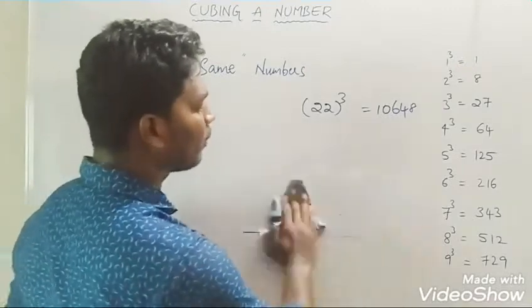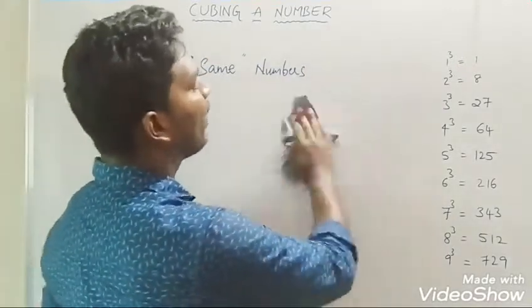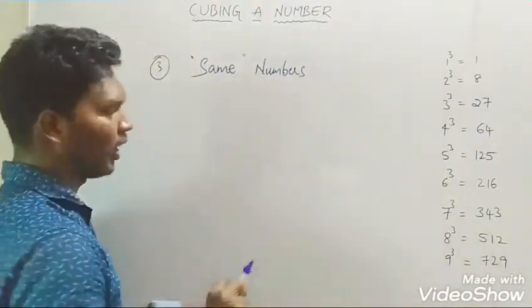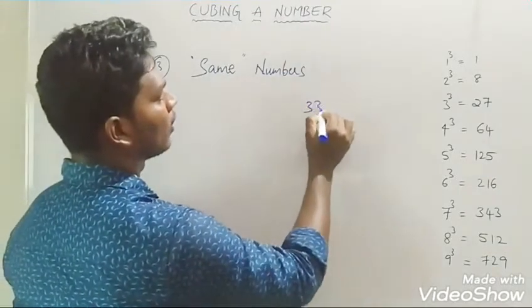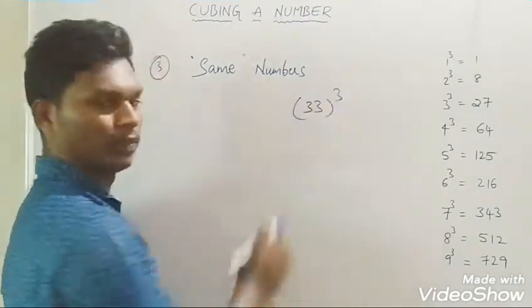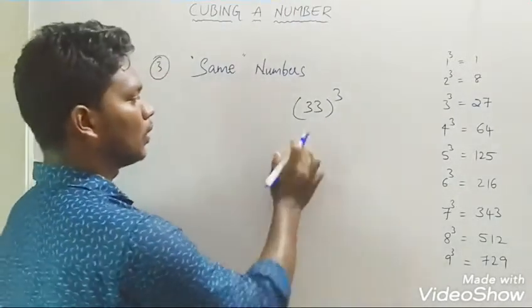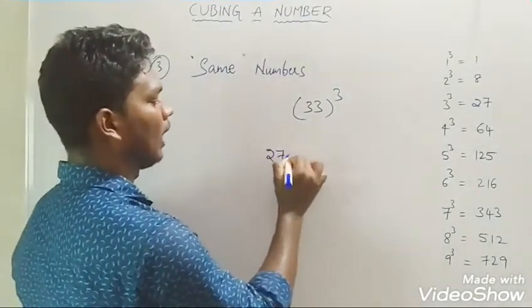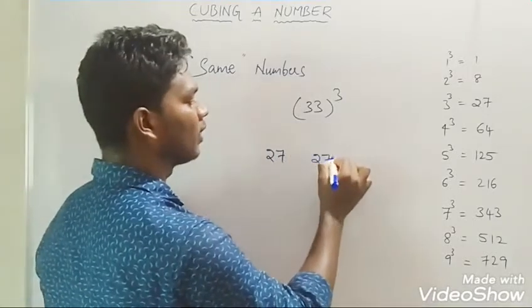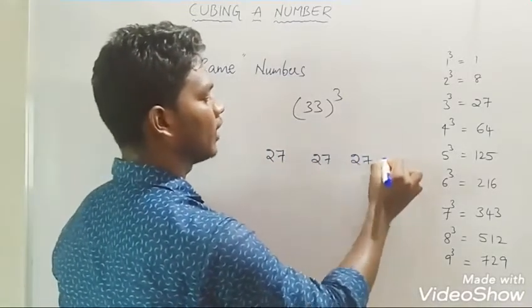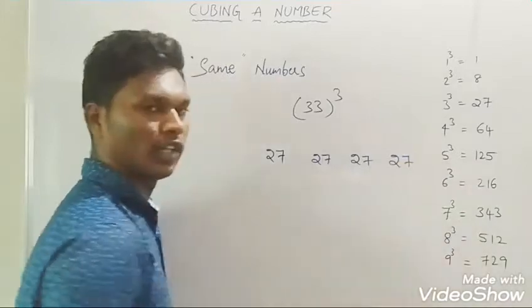So okay friends, suppose you want to find the value of 33 cube. So 3 cube will be 27, and again 3 cube will be 27, again 3 cube will be 27, again 3 cube will be 27.